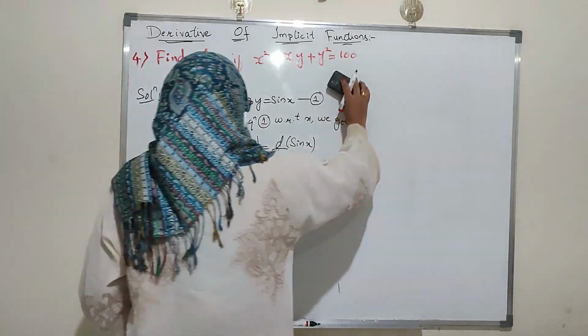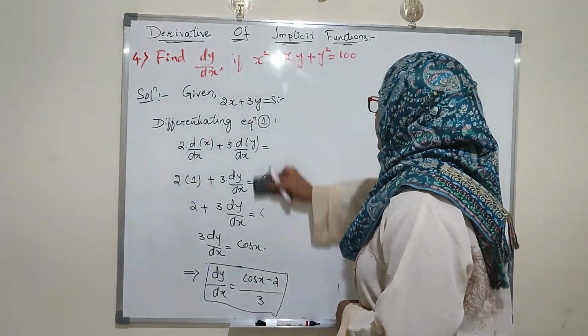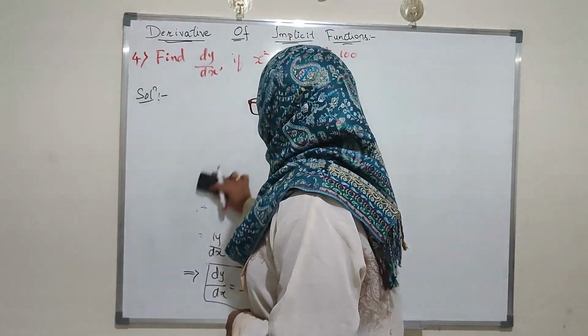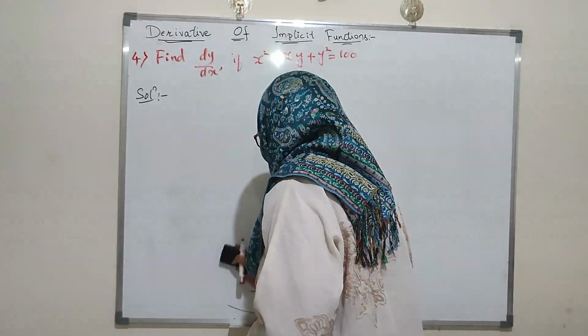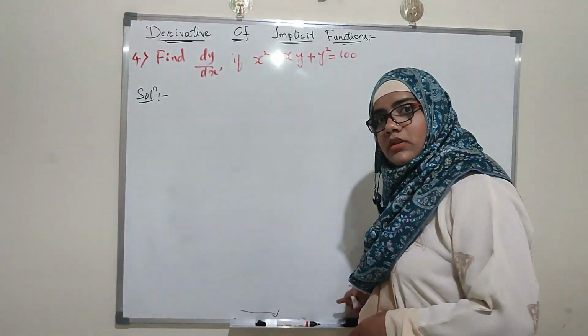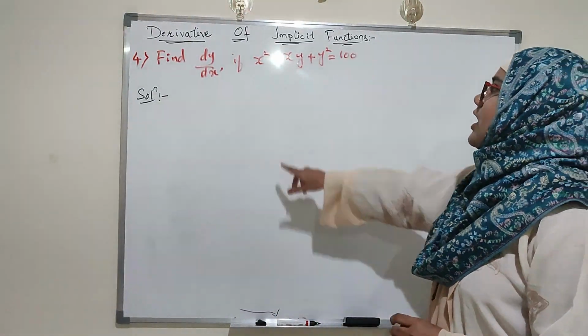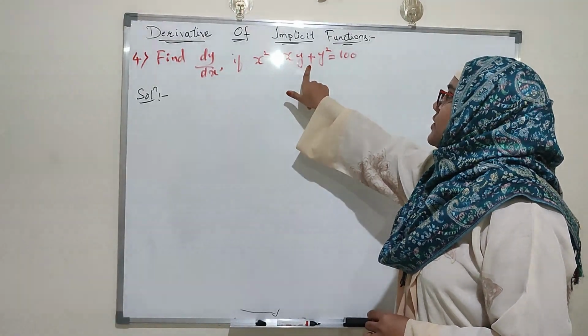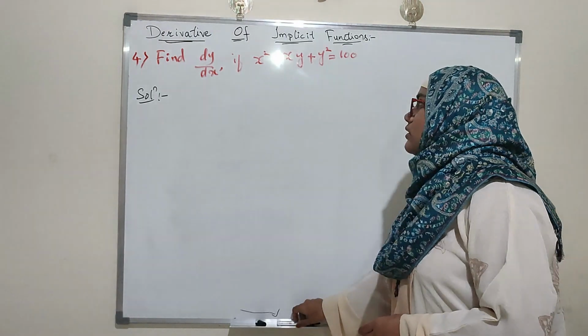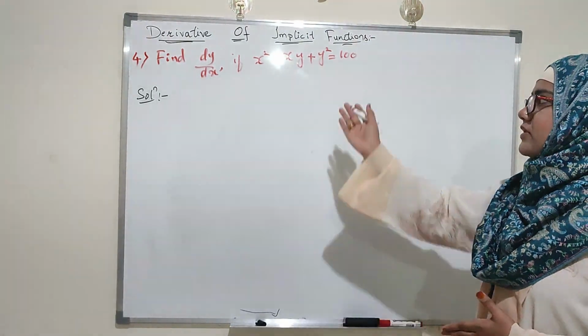Okay. In this example, both variable or algebraic terms are given to you and one constant is given to you. In this example, we have two variables x, y along with one constant. Okay, how to find the derivative of such a function?